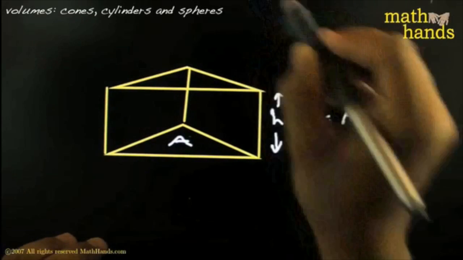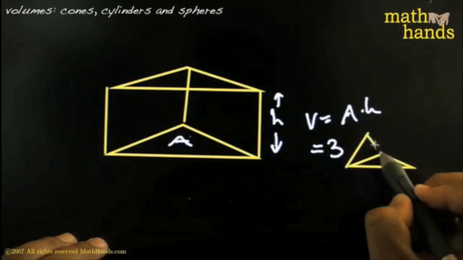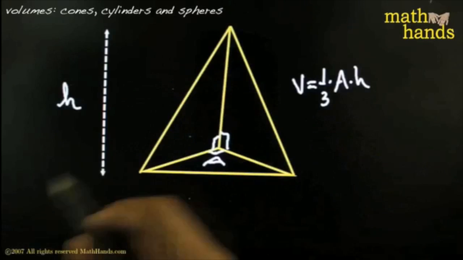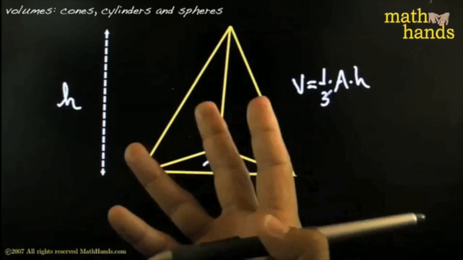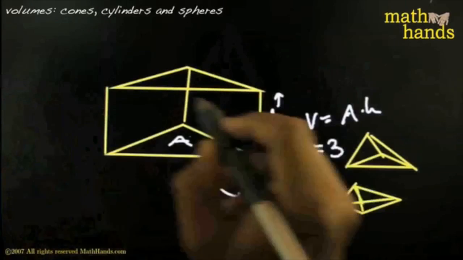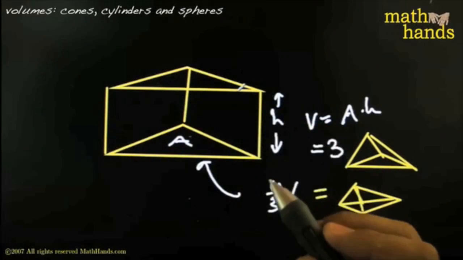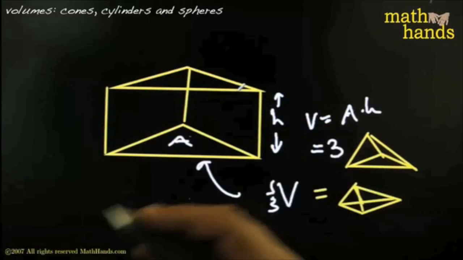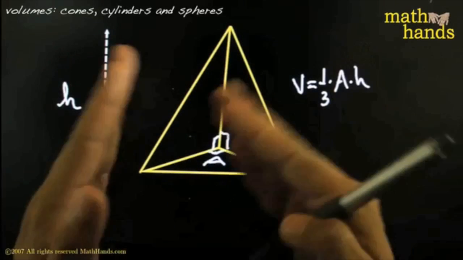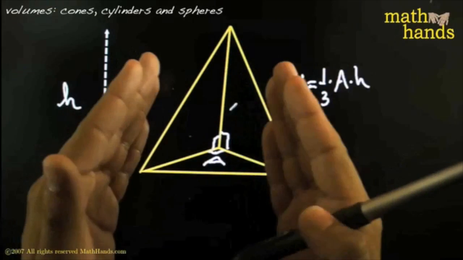Three of these pieces make up an entire shape as such. Well, they're not exactly 3 of the same shape. Some of them are slanted differently. You take one and you slant it in a different way.